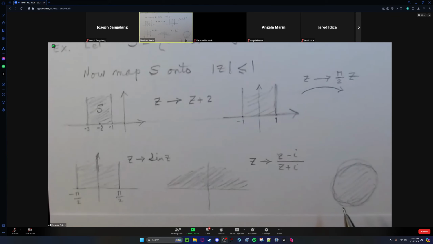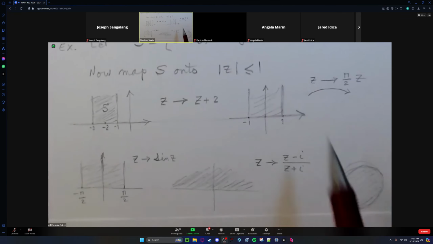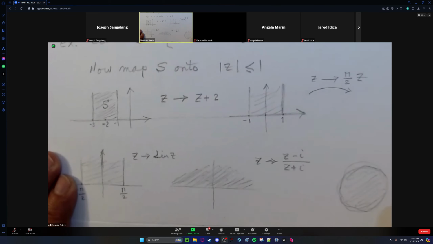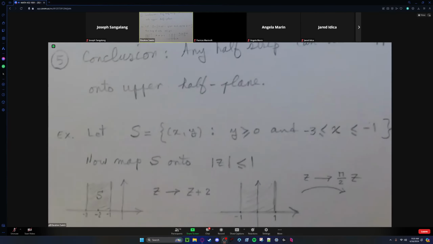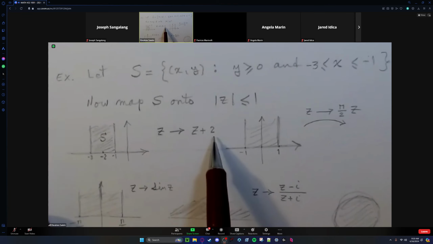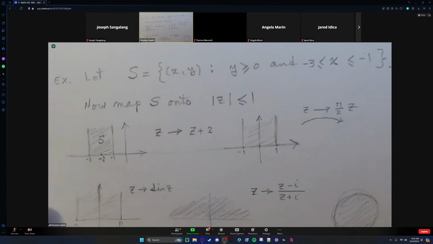So we can of course combine these different steps. The first one, you move 2 units, plus 2, then multiply by π/2, then apply sine z.